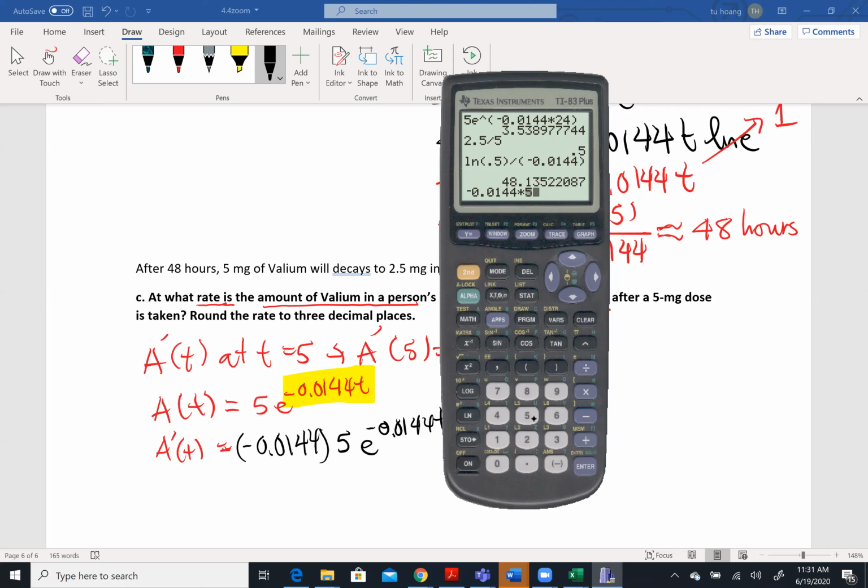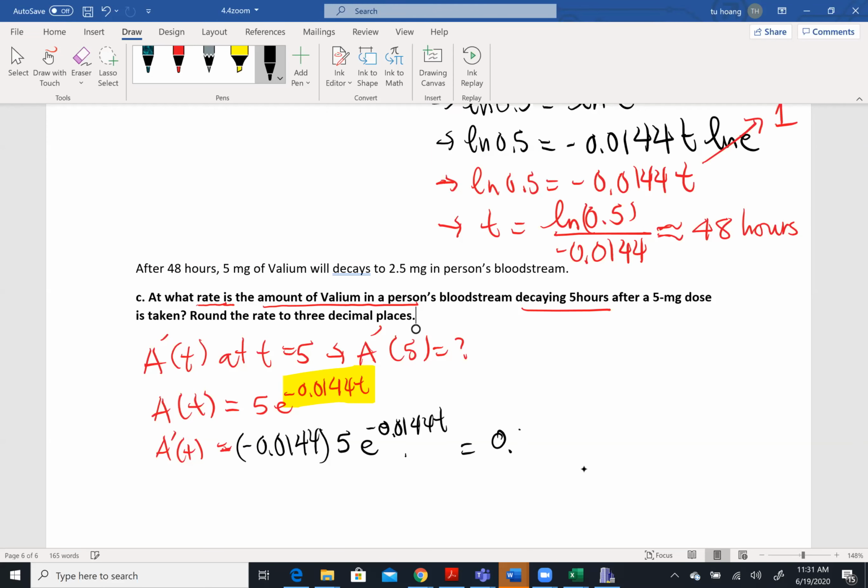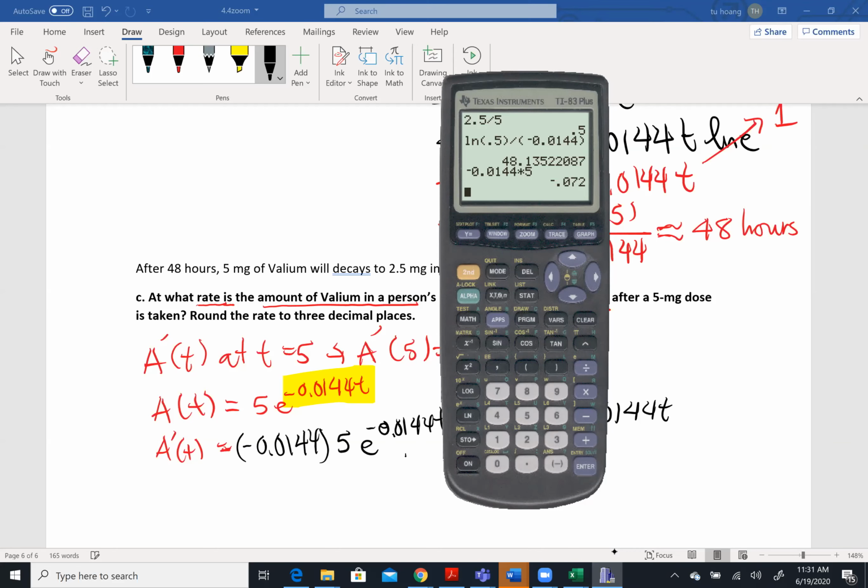Just multiply 5 and you have 0.072 e to the negative 0.0144 t. I'm sure. So that is the derivative with respect to t.